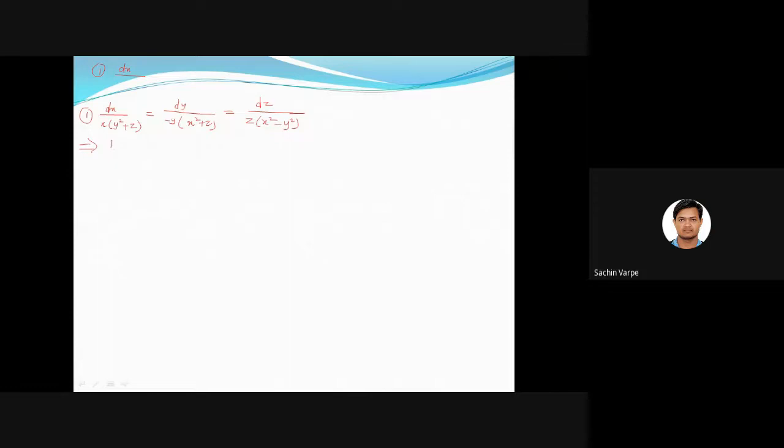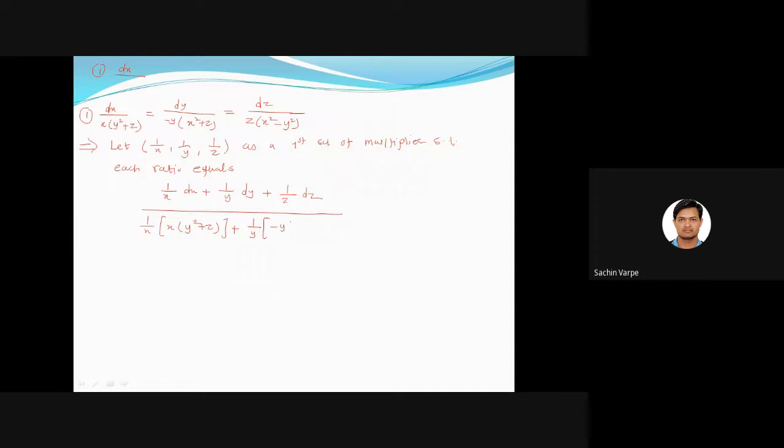So let 1 upon x, 1 upon y, and 1 upon z be the first set of multiplier, such that each of these ratios equals the fourth ratio, and that is 1 upon x into dx plus 1 upon y dy plus 1 upon z dz, the whole upon 1 upon x into y square plus z plus 1 upon y into minus y into x square plus z plus 1 upon z into x square minus y square.